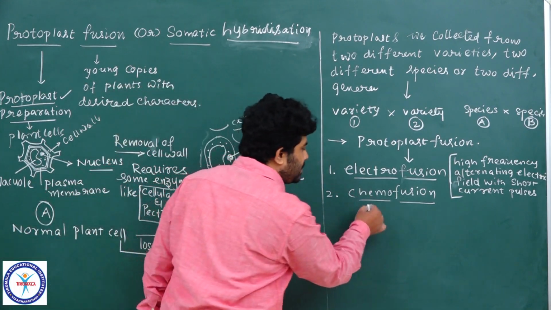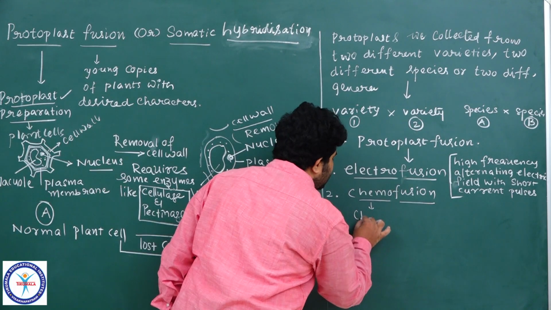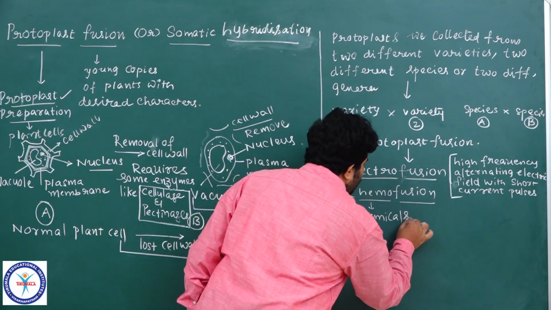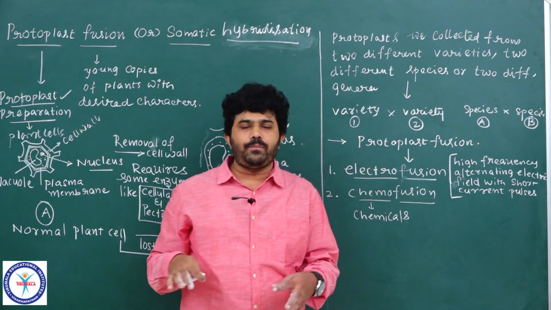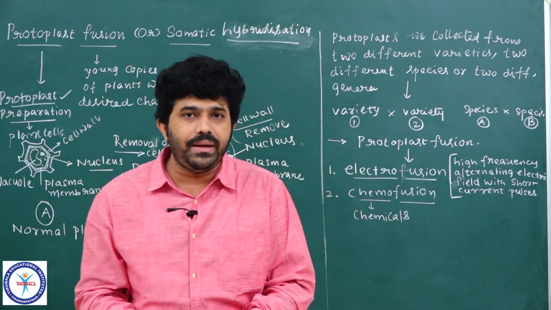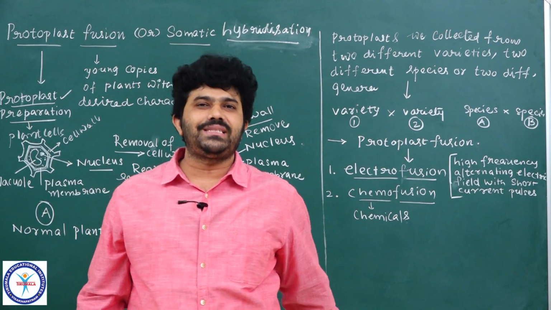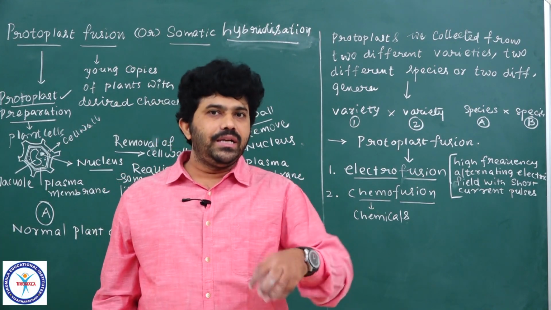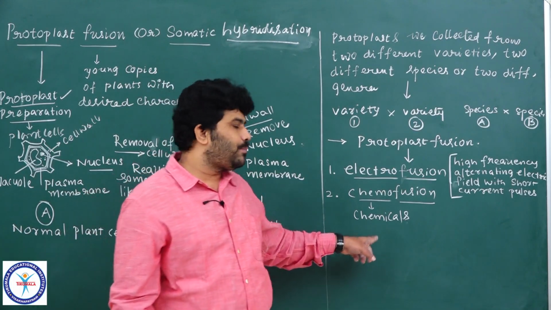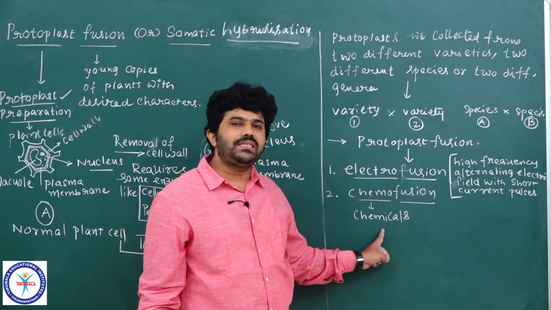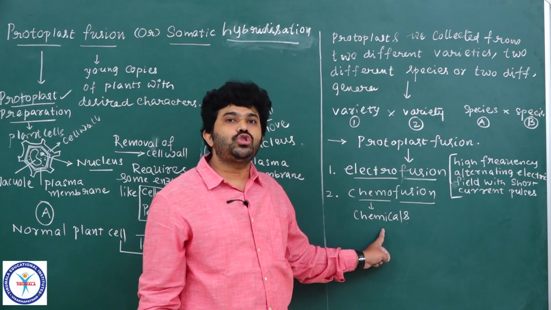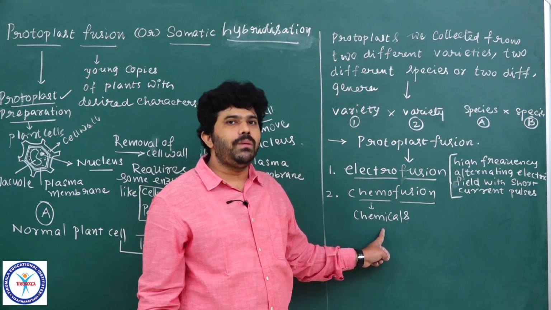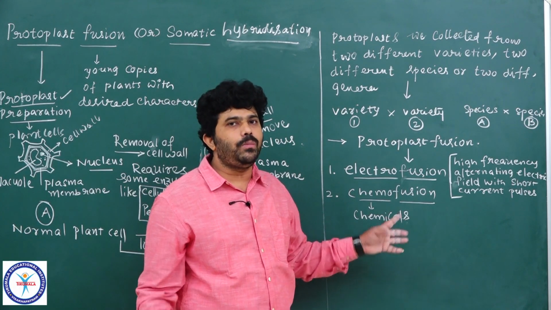Chemo means chemicals. Some chemicals we are using to change the atmosphere, the environment or vicinity of the protoplasts. In the container in which we have taken the protoplasts, we provide artificial climatic conditions through which those two genetically diverse protoplasts are going to be mixed, fused and united.